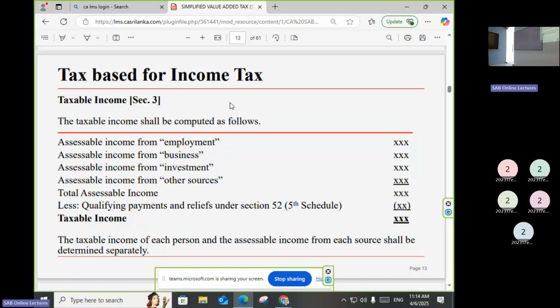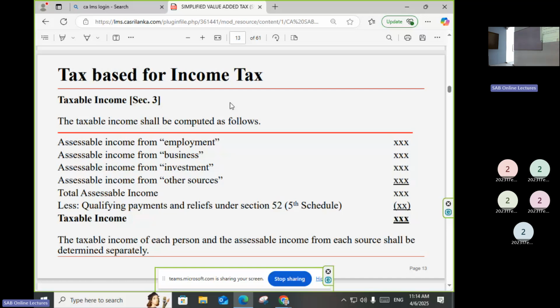Qualifying payment is simply a payment qualifying for tax purposes. Whatever expenditure qualifies for tax purposes is called a qualifying payment. Just like that, relief means some sort of grant, some sort of benefit. So that is also not income.